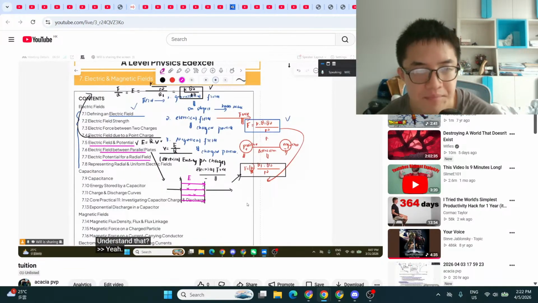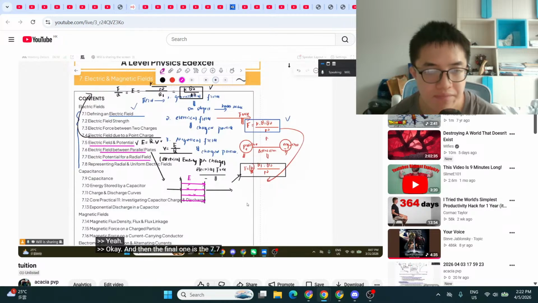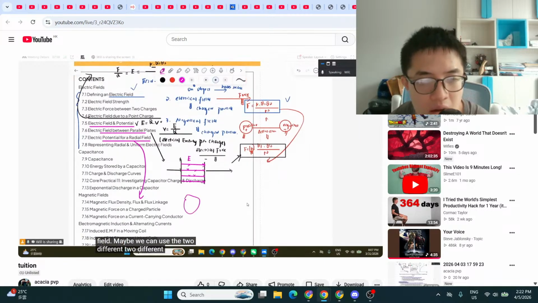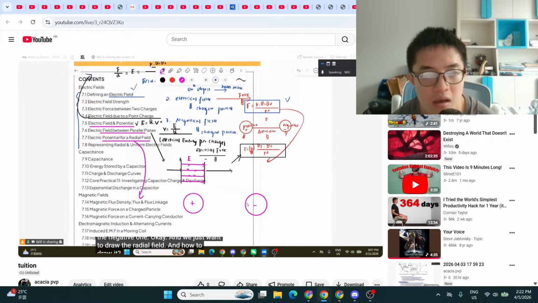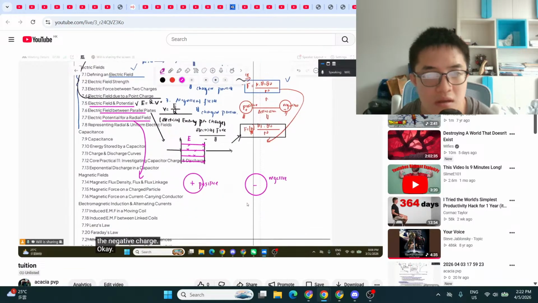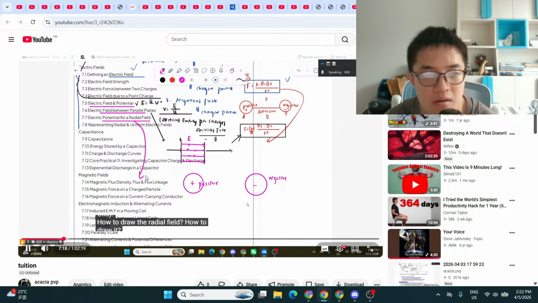Understand that? Okay. And then the final one is 7.7, the electric potential for radial field. For a radial field, we can use two different charges. Draw the positive charge on the left side and the negative charge on the right side. How to draw the radial field?